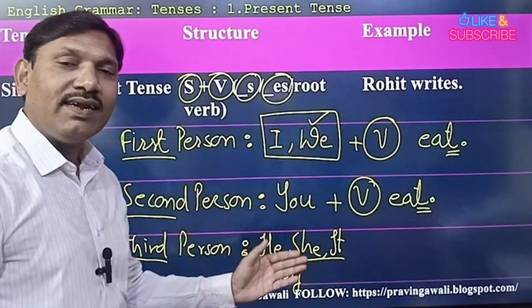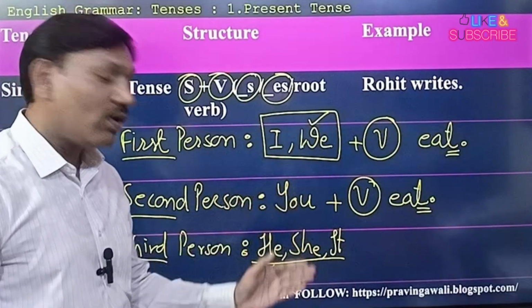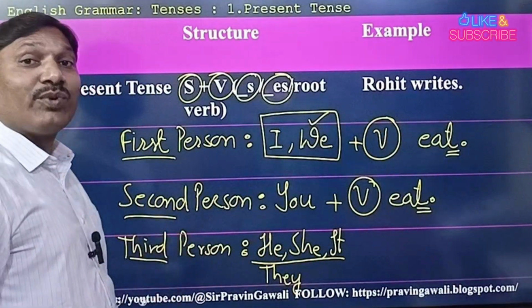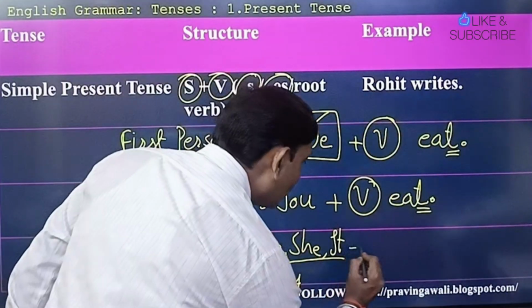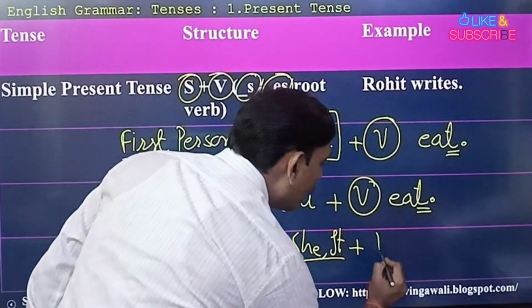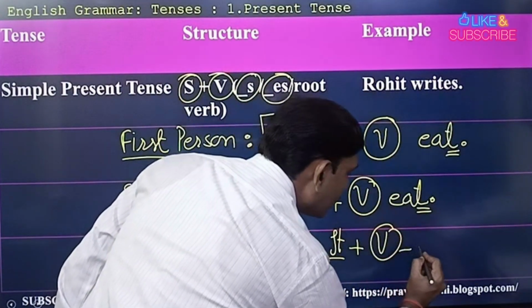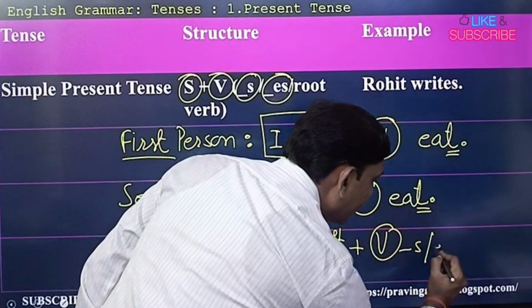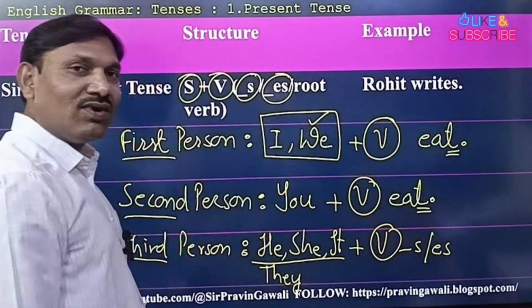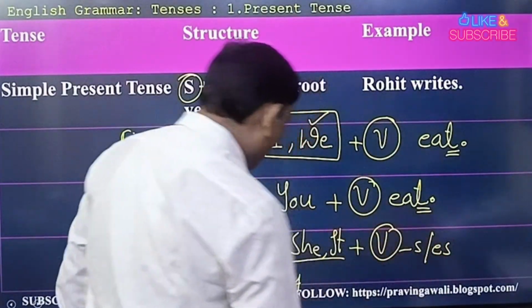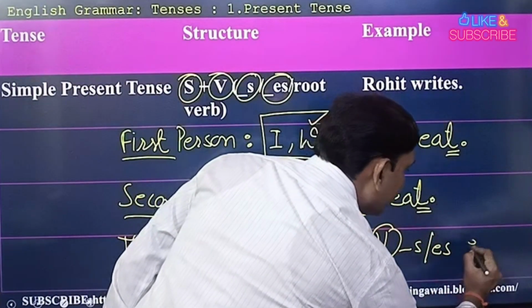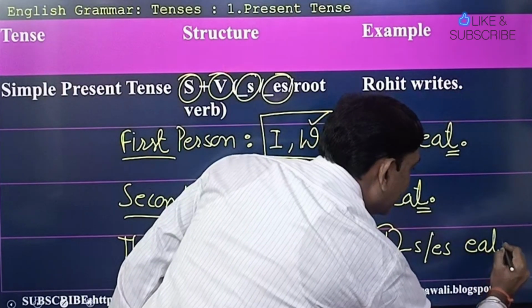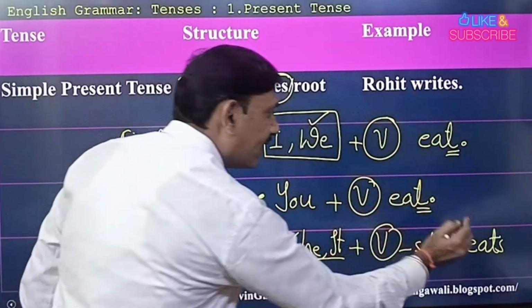Now he, she, it, these are the singular third person pronouns. In front of these, the verb will take what? S or es form. For example, he eats, E-A-T-S. She eats.